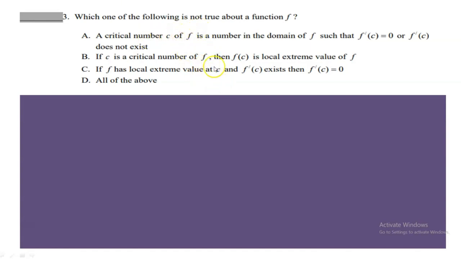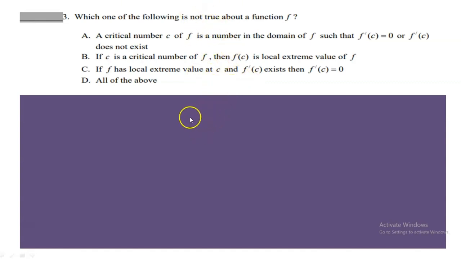Critical number, as the name implies, is a critical one. Because if your function has local extreme values, the critical number is a place where you can detect these local extreme values, either local max or local min. But it doesn't mean that at every critical number we always have these local extreme values, okay?